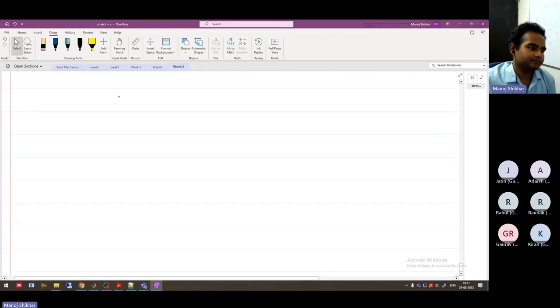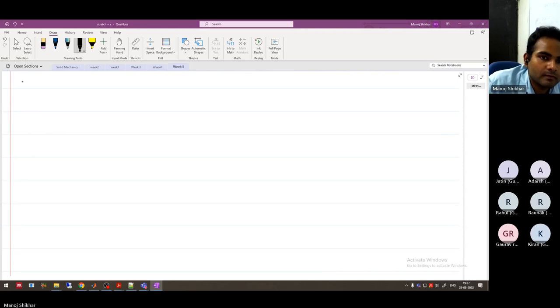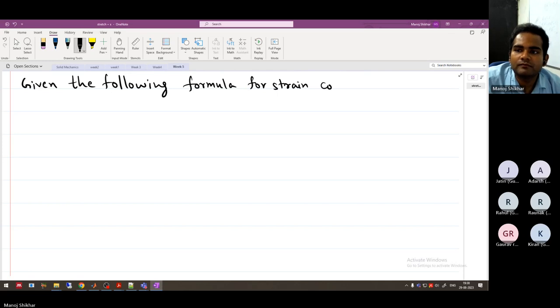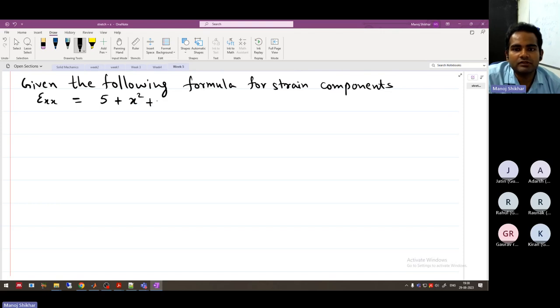Now the question is, given the following formula for strain components. The formulas they have given are epsilon xx equal to 5 plus x square plus y square plus x to the power 4 plus y to the power 4.